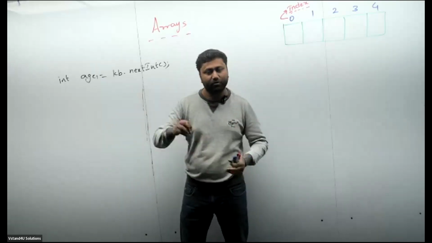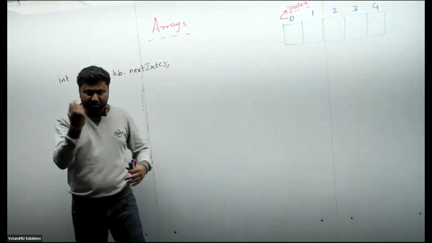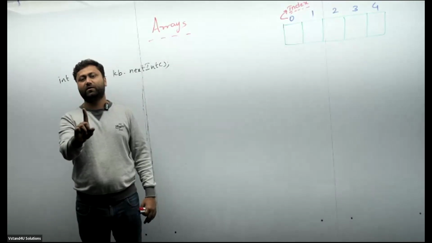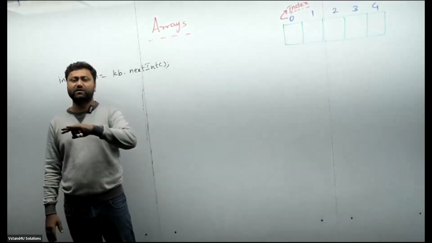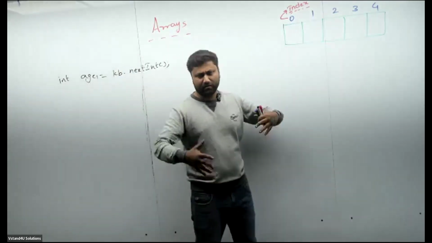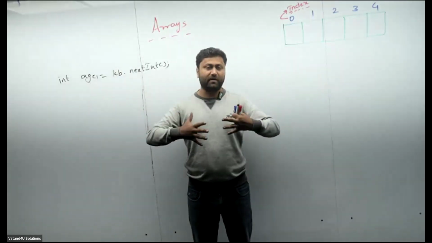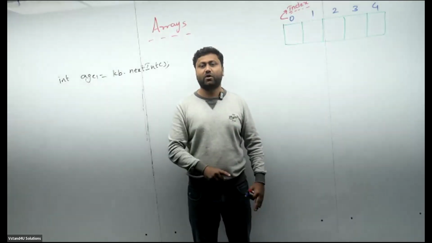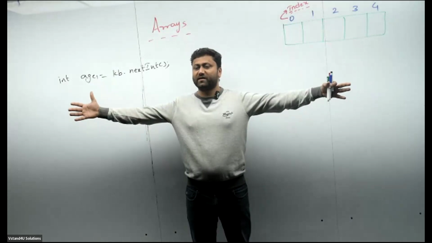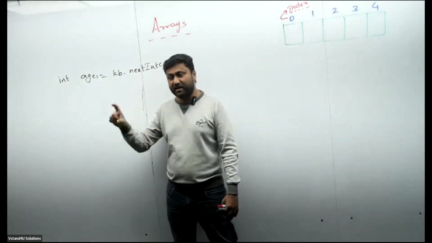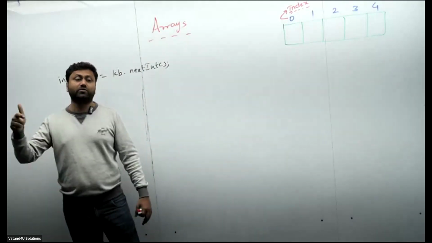You can store double, float, string, student data, employee data, whichever you want, but it must be of the same type. If you are creating an array of students, can I create? Yes. You can create anything as an array where you can store multiple data in one shot. But it is not allowed that one different type of data is present along with the rest. All must be of the same type, called homogeneous data.